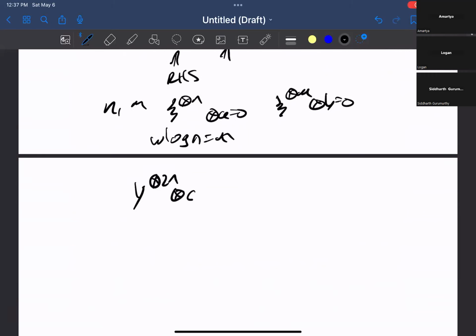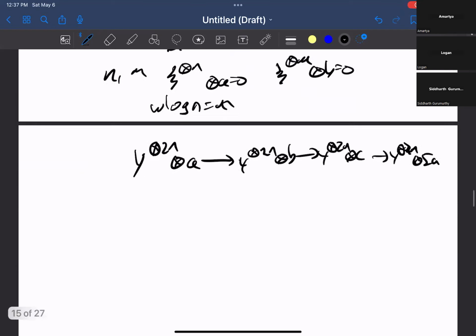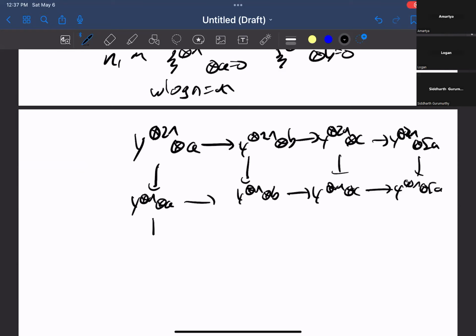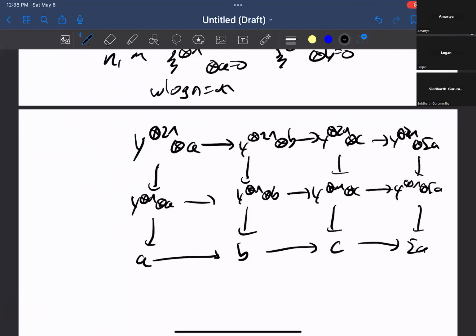Y tensor 2N tensor A, mapping to Y tensor 2N tensor B, to Y tensor 2N tensor C, to Y tensor 2N tensor sigma A, Y tensor N tensor A, Y tensor N tensor B, Y tensor N tensor C, and let's say this composite here is going to be sigma tensor 2N tensor C.